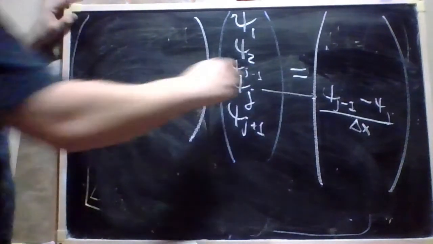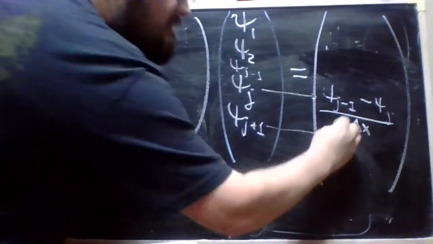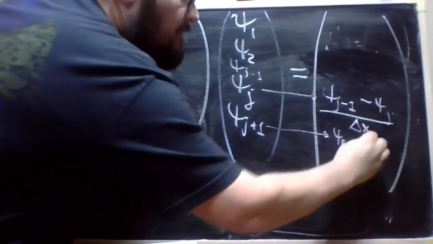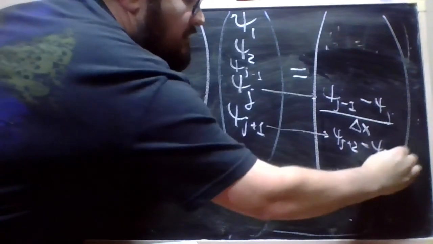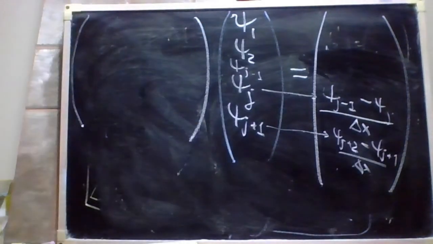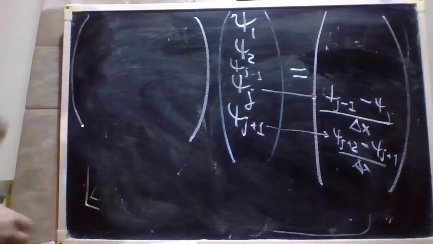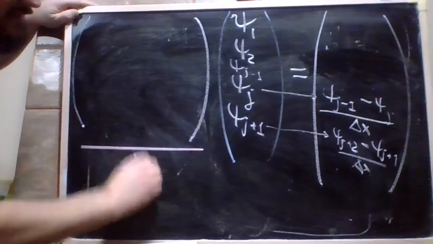If I pick this row here, I'll have psi j plus 2 minus psi j plus 1 divided by delta x. So as a matter of fact, all the values in this matrix must be divided by delta x.